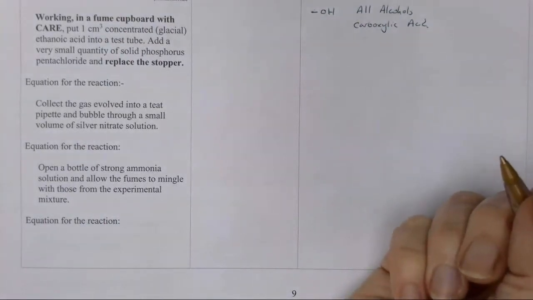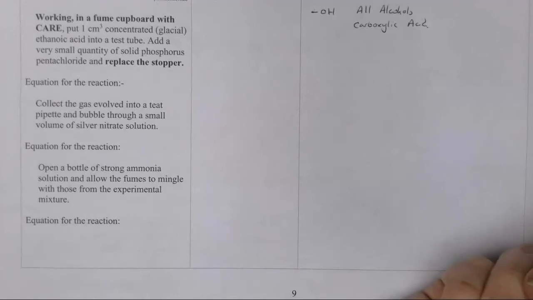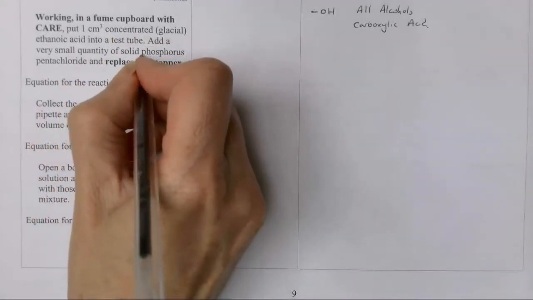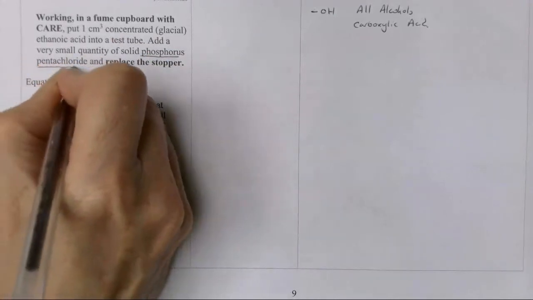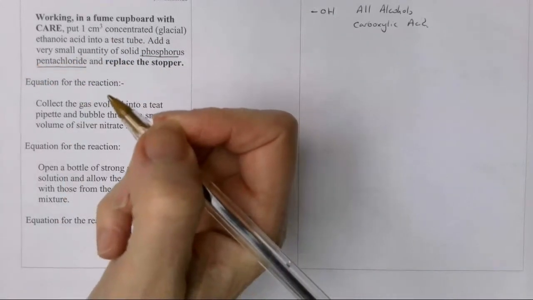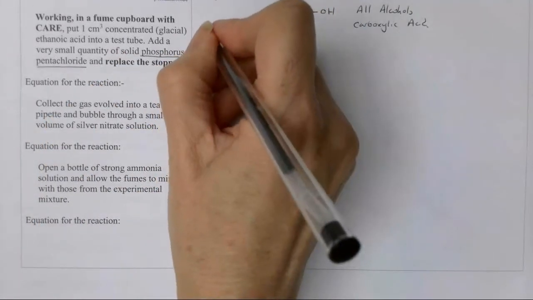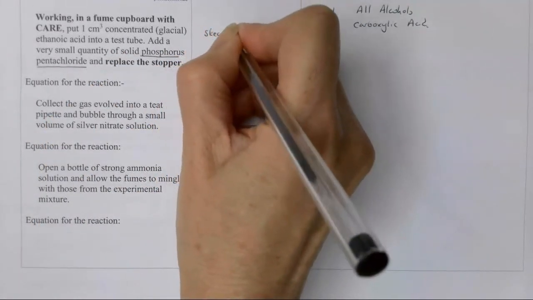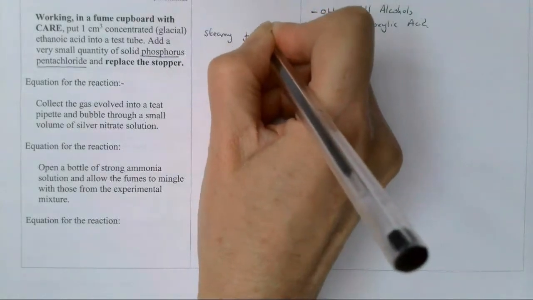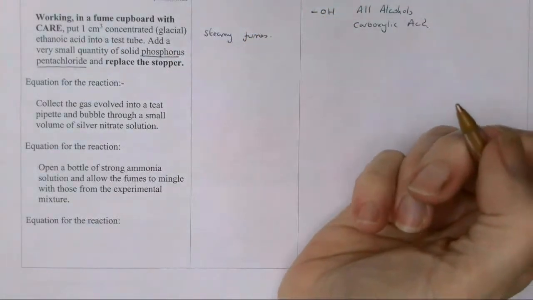Okay, now it's one you came across before, because you came across it in the alcohols pack, and this is basically adding solid phosphorus pentachloride, PCl5, and keeping it very dry. When you do that, you get steamy fumes as your observation.